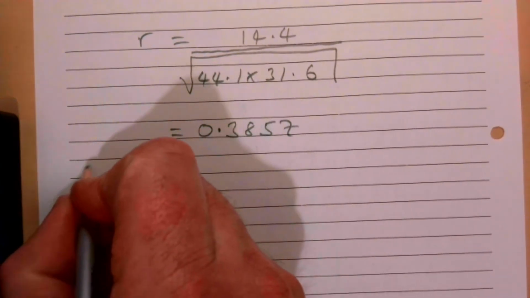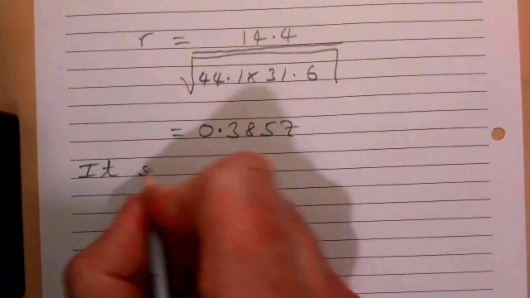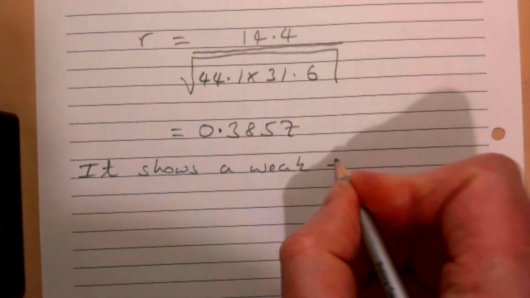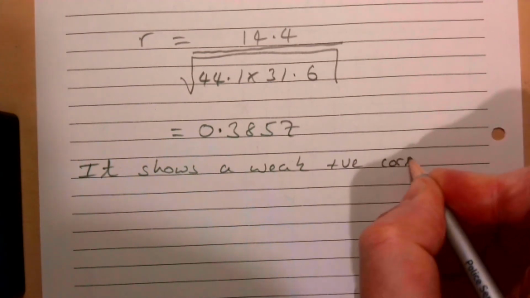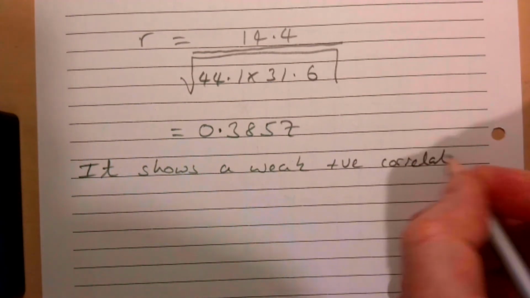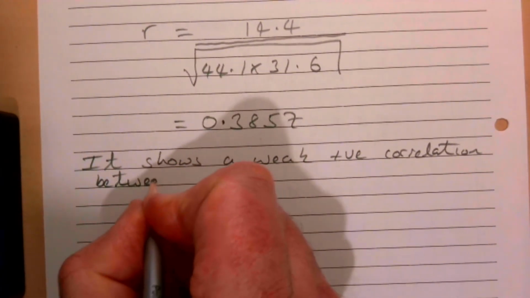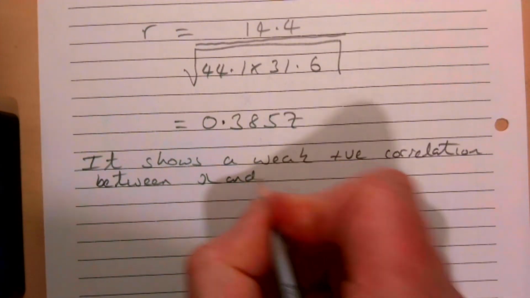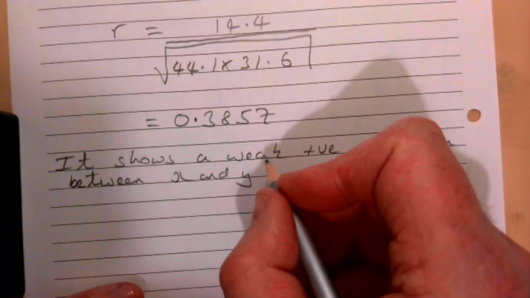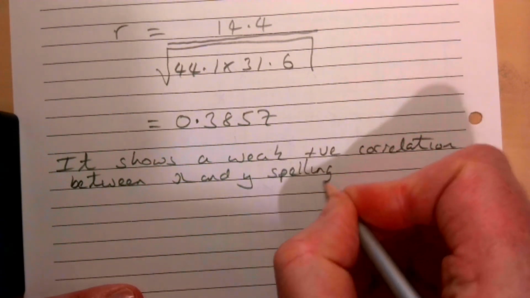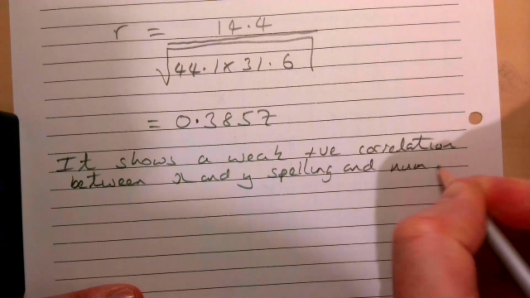So it shows a weak positive correlation between X and Y, and in this case spelling and numeracy.